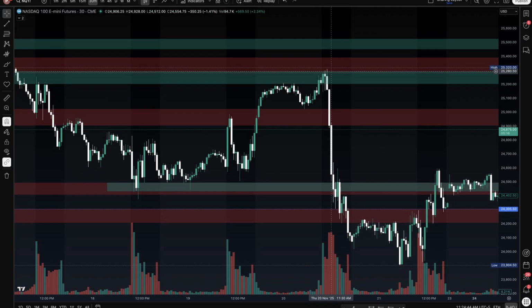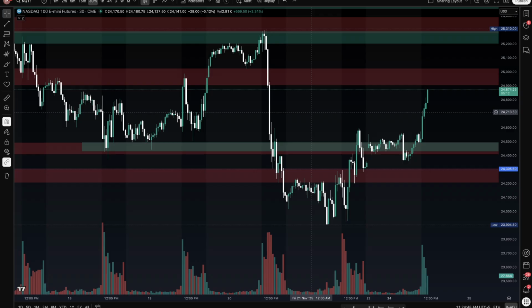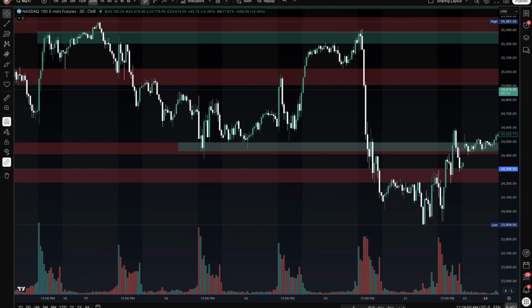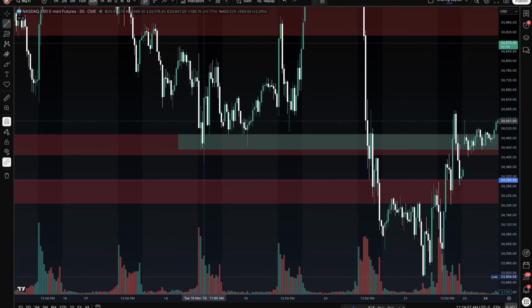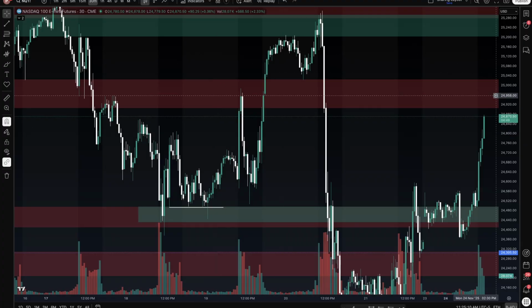I'll try and find one more example. Here's another example, right? We have all this resting liquidity in this candle right here. It comes down below, soaks all that liquidity inside the 4-hour, 30-minute zones, closes above it, and price proceeded to move up into the next day open and the day after.